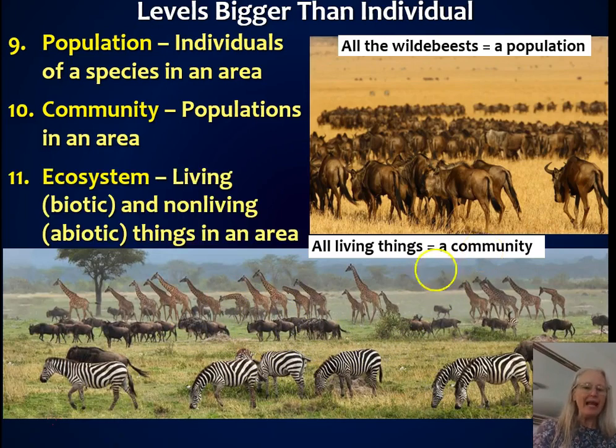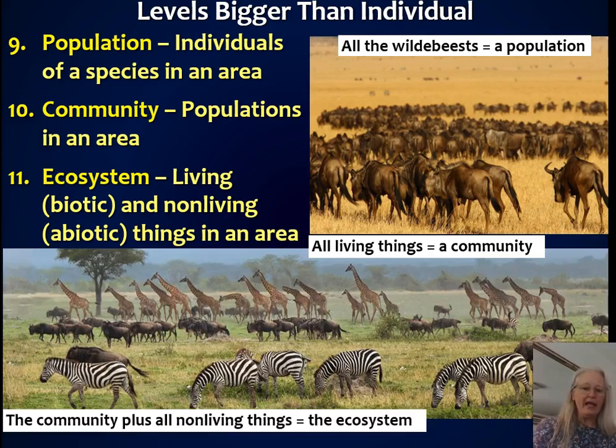And then you can add the living or biotic and non-living or abiotic things in an area. And so the ecosystem here would include the soil and the air and the sunshine, and even the weather is the ecosystem. And so the community plus all the non-living things then is the ecosystem.